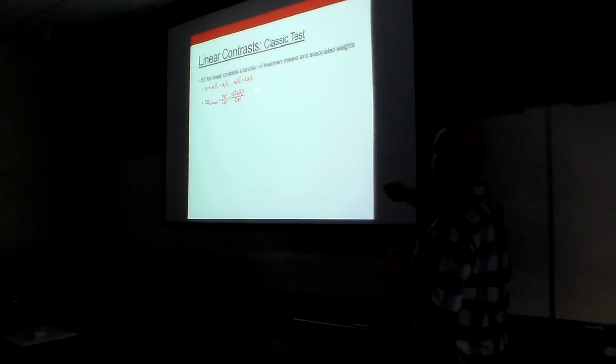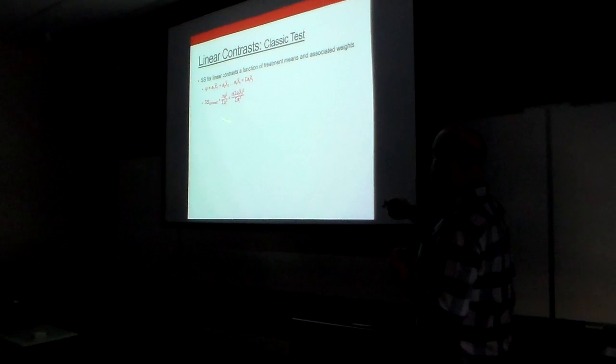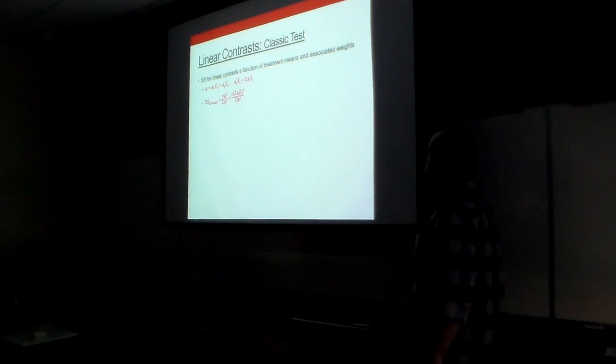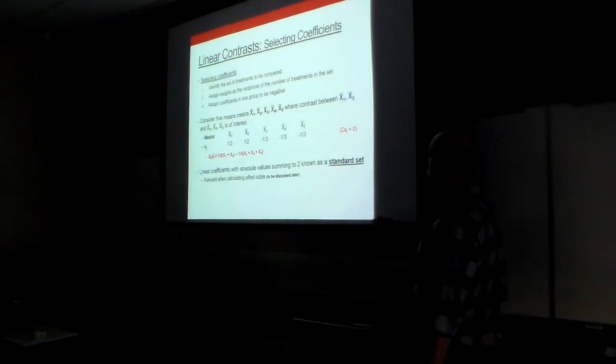You would say the sum of squares of the linear contrast is derived from treatment means and associated weights. So we have our linear contrast that we specified, and we get the value of our contrast here.